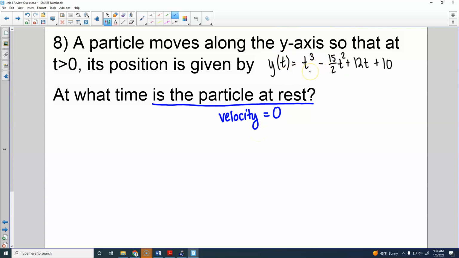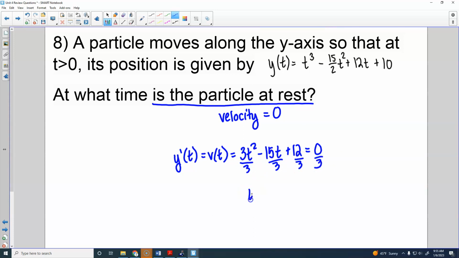How do we find velocity? Y prime of t would be our velocity. And so that would just be 3t squared minus 15t plus 12. And we would want to know where that's equal to 0. So I divide everything by 3 to give you smaller numbers to work with here. T squared minus 5t plus 4 will be 0.